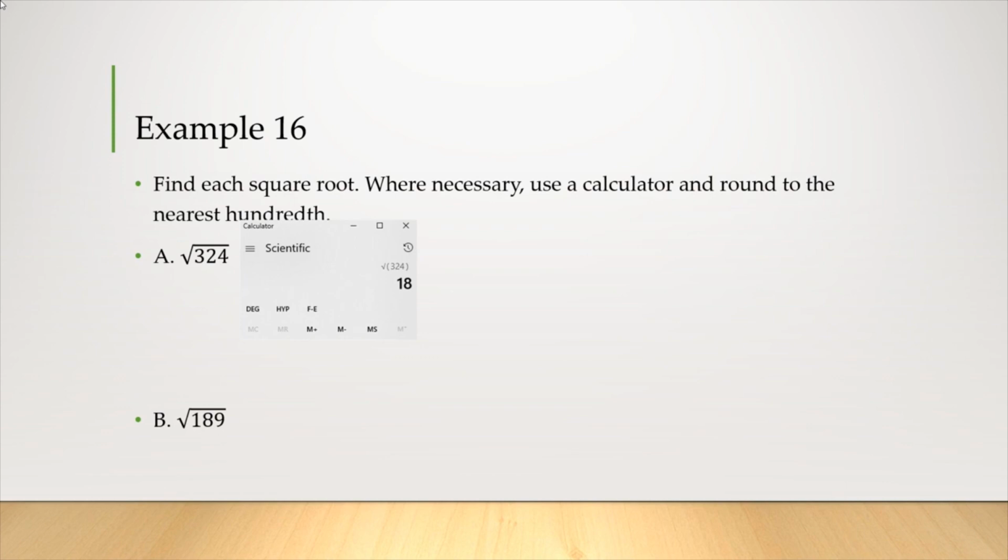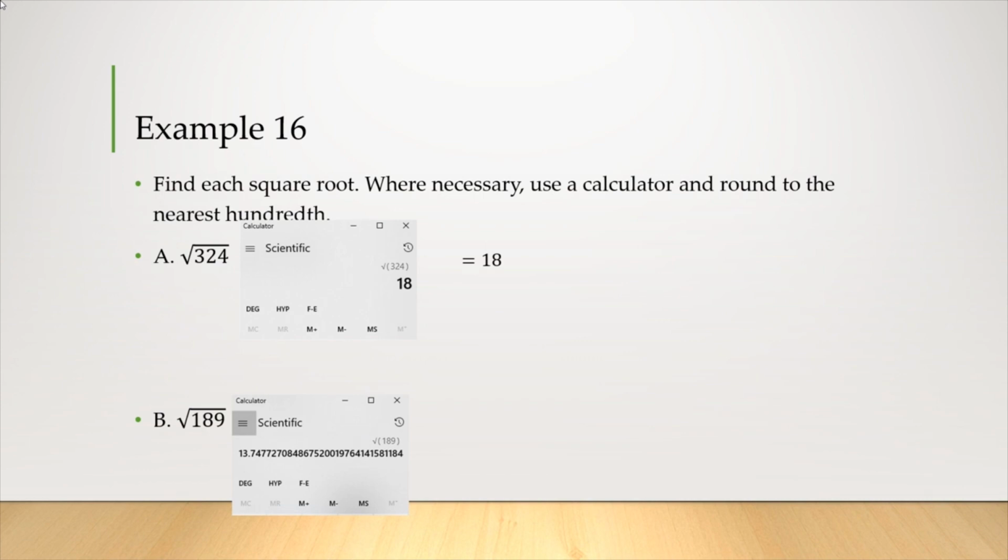So taking the square root of 324, depending upon your calculator, you might have to do 324 first and then do the square root. That's what I do with this one. And I found that was 18. That's the answer. Square root of 189. Again, type that on my calculator. I get 13 point something with a crazy decimal.